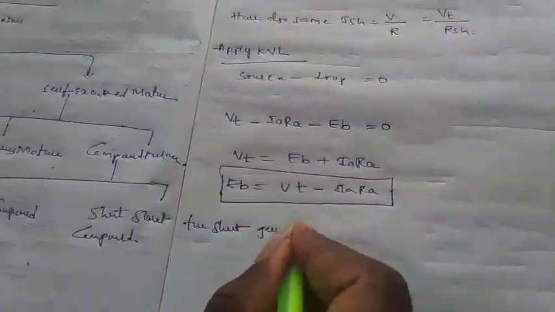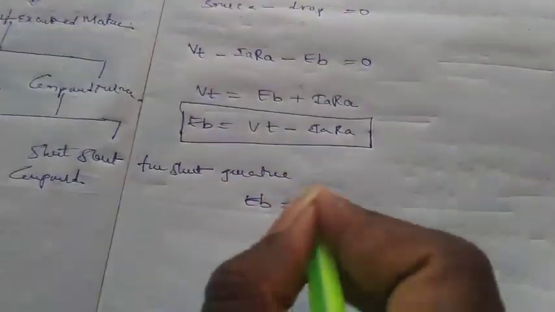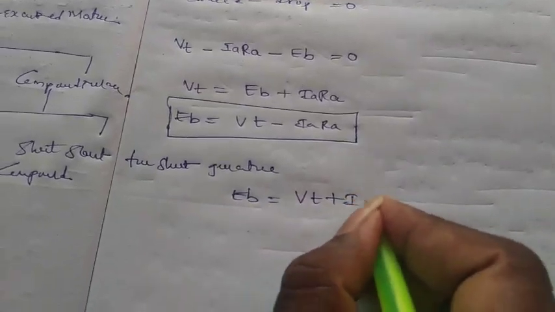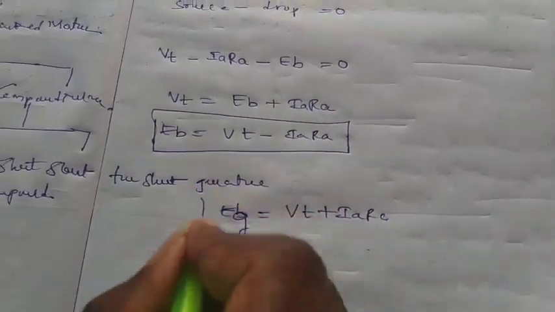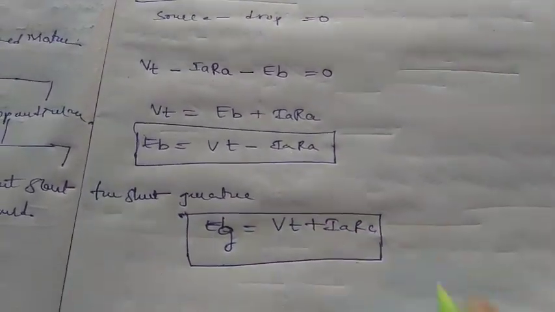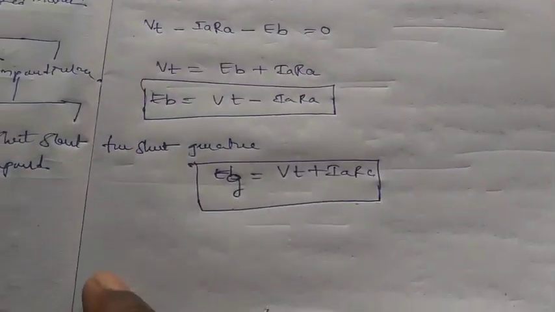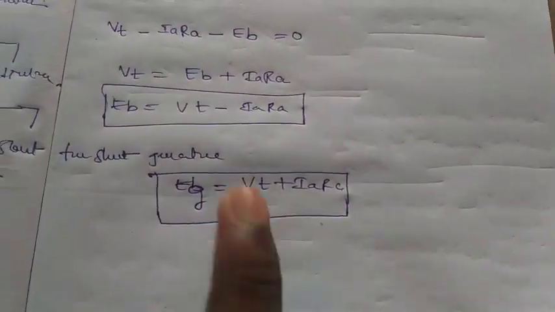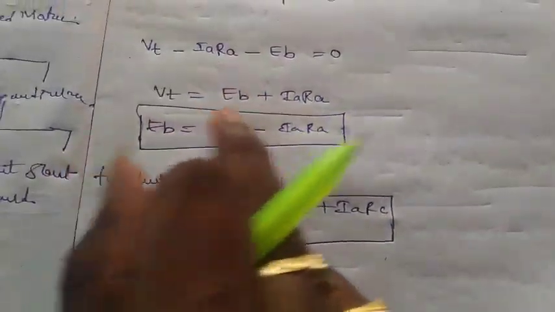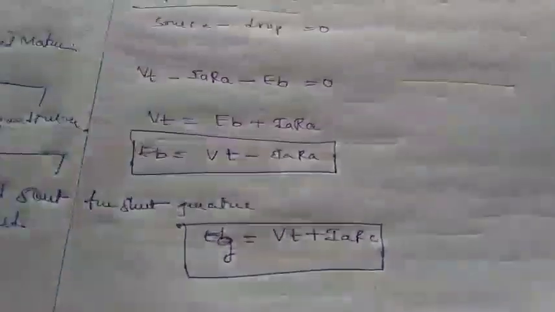For a shunt generator, EB equals VT plus IA RA. So there is only a sign conversion. For a generator we put plus, for a motor we put minus. That is the only difference.